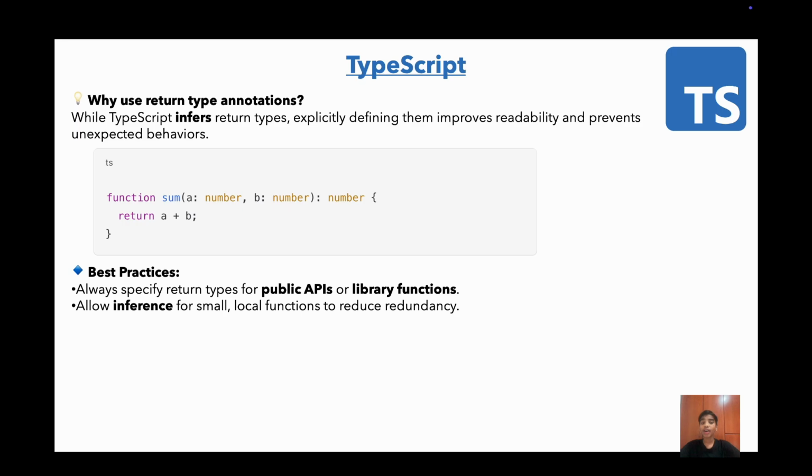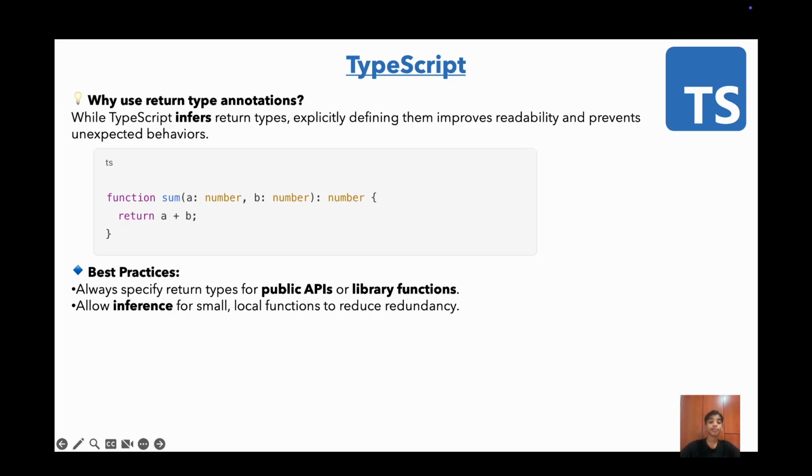Now you may ask, why use type annotations? While TypeScript infers return types, explicitly defining them will improve readability and prevent unexpected behavior. We should always define explicit type annotations because they give more type safety. Here we have a function called sum. We have a which is a number and b which is a number, and we should return a number.